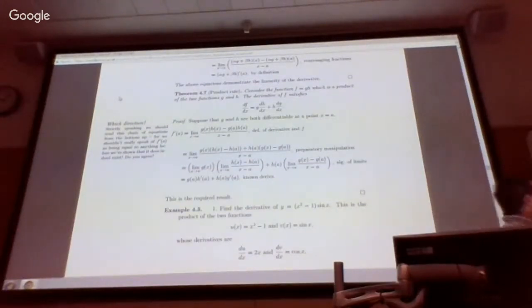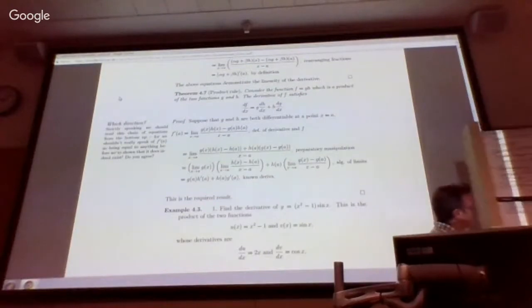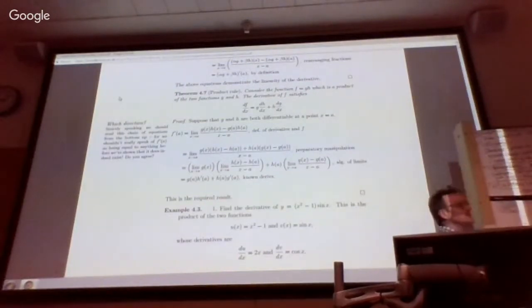Yet it is a common mistake that people make unthinking. So what I've written there is that the derivative of a product is the product of the derivatives. It's false. It's not the case. Sorry, you can't see it there. What I've written is that it is not the product of the derivatives.